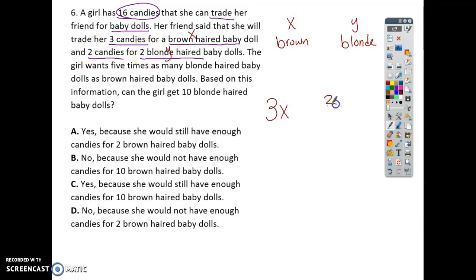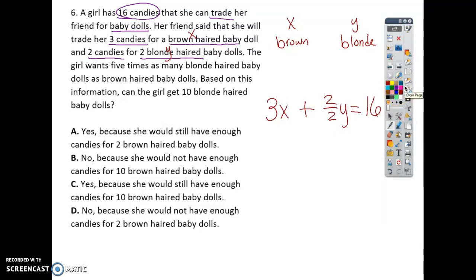So I'm going to say 2 over 2. 2 candies for 2 baby dolls, Y. Okay, and that's a plus because I'm going to either get brown ones and blonde ones together, and I have a total of 16 candies. So 3 for the brown ones, 2 over 2 for the blonde ones equals 16 candies in total. Okay, and tomorrow should be easier because we're going to be talking about tickets.